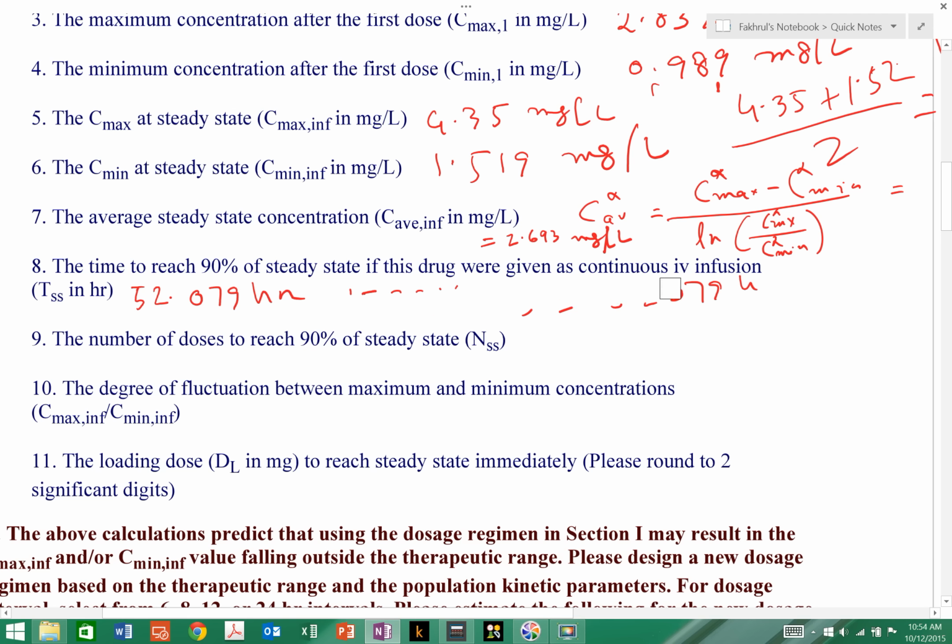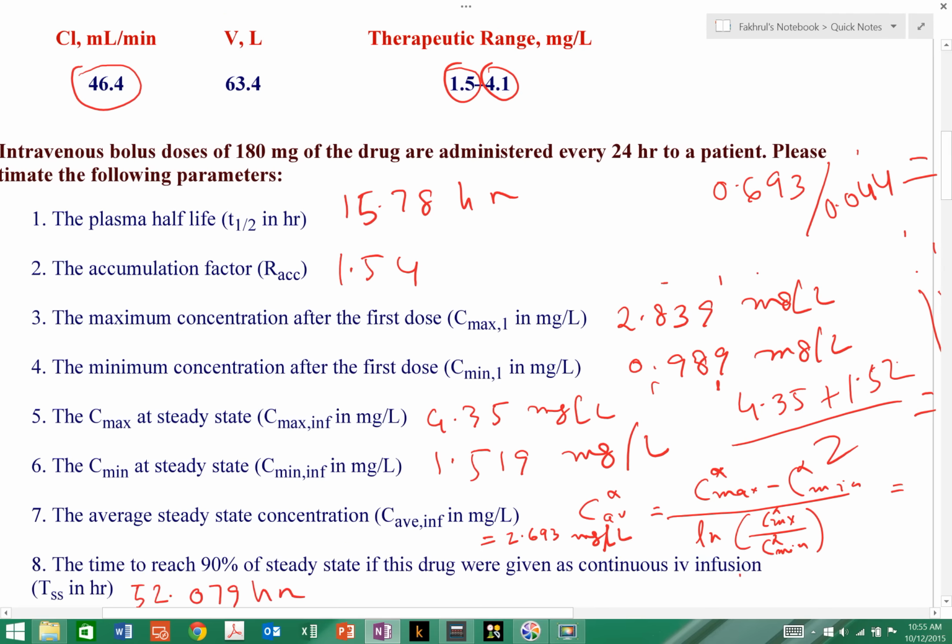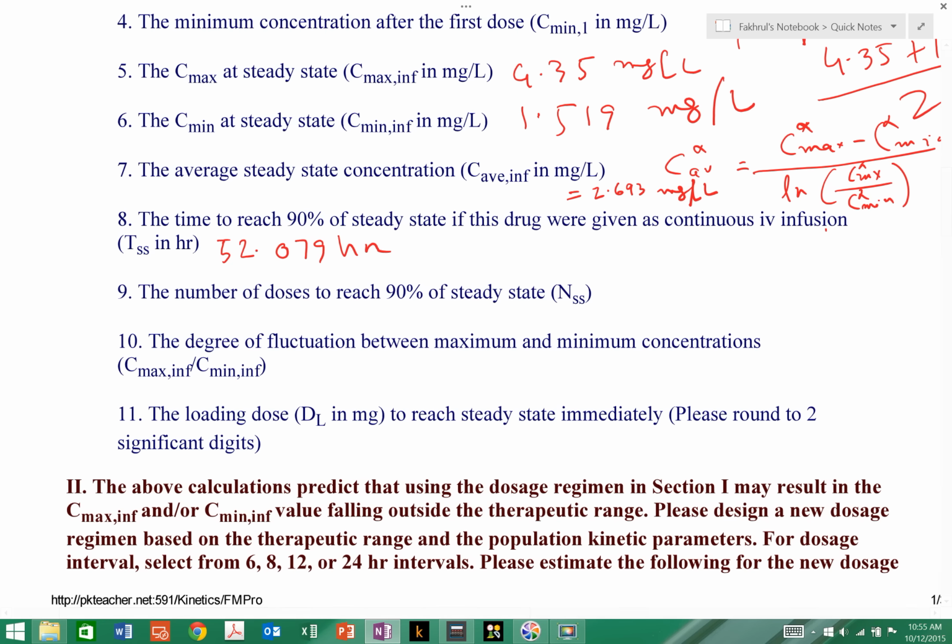Now for the number of doses to reach 90%, we know that our time required for 90% is 52.079 hours. And what we are doing is administering the drug, I think it is every 24 hours. So you divide this 52.079 by 24.